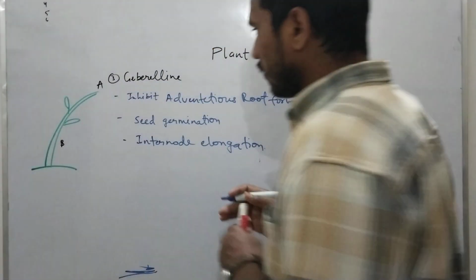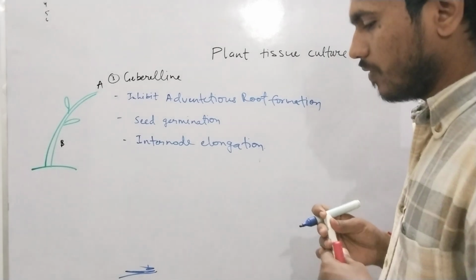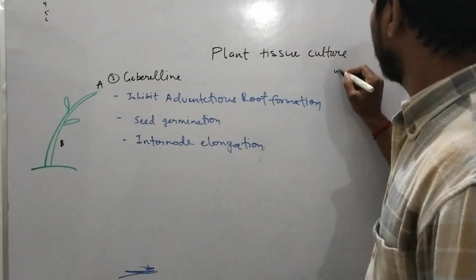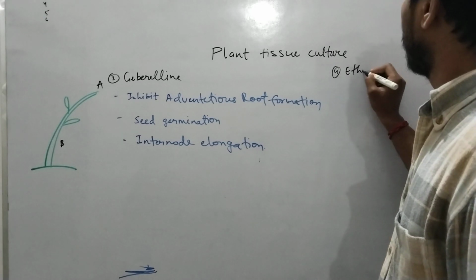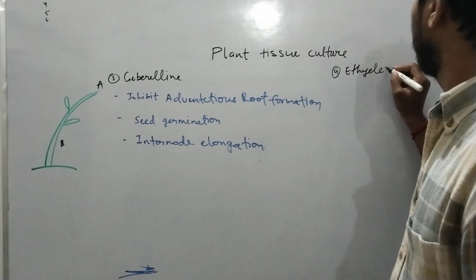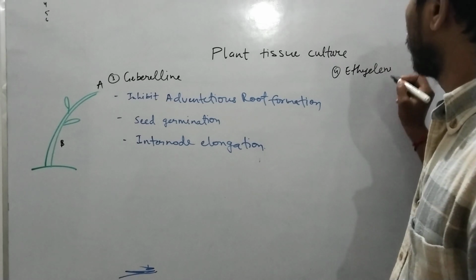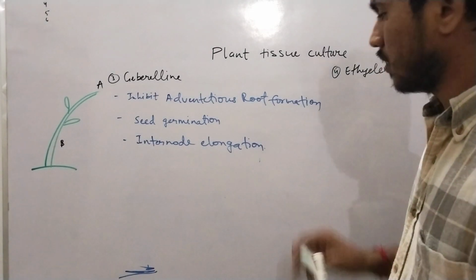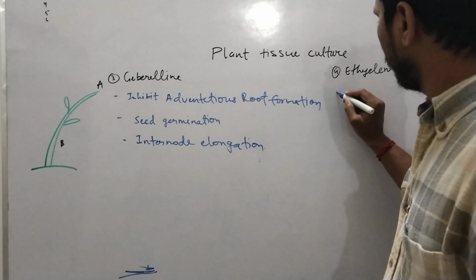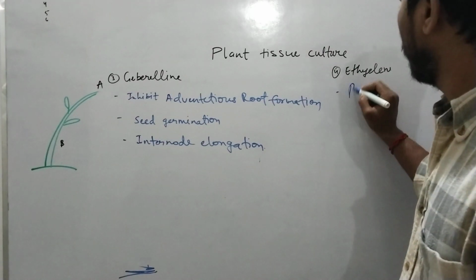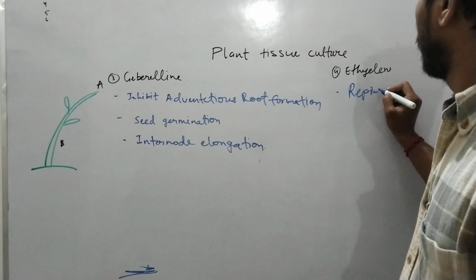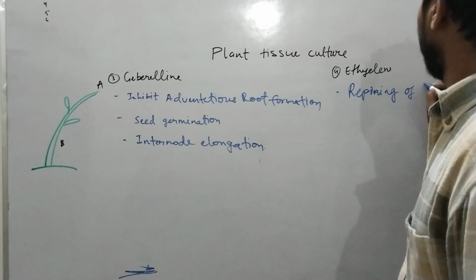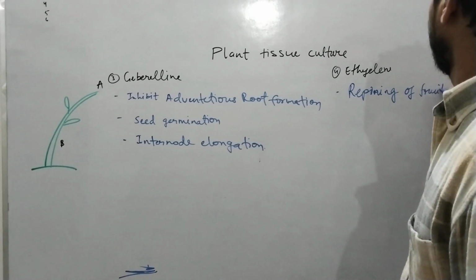After gibberellin, we have ethylene. Let us see the function of ethylene. It will help in the ripening of fruits.